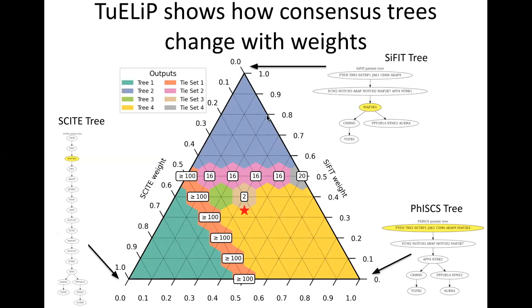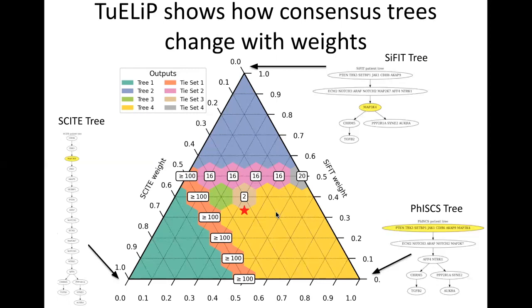As expected, each of the three input trees dominates a corner, while the SciFit tree, which is also the tree returned when we set equal weights, if you remember the last slide, dominates a much larger area with only subtle changes as you vary from these equal weight positions. Is it always like that? The weight doesn't influence the output that much?